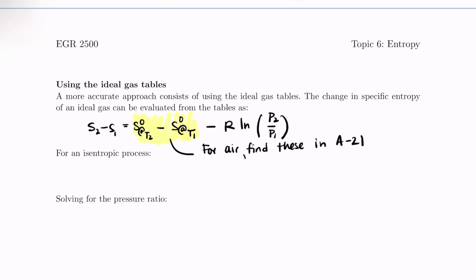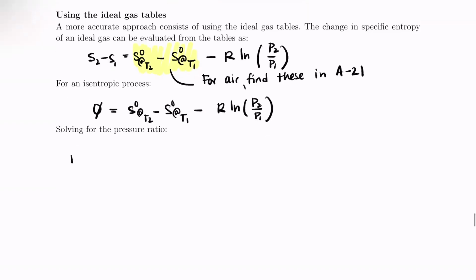If we have an isentropic process, the left-hand side is equal to 0, right? So we have 0 is equal to S0 at T2 minus S0 at T1 minus R times the natural log of P2 divided by P1. If we solve this for the pressure ratio, I'm going to do this in a couple of steps. I'm going to move R times the natural log of the pressure ratio over to the left-hand side.